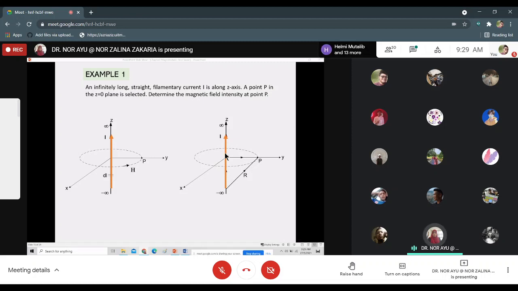Bukan negatif ya, Nabila ya tadi. Bukan negatif ya, naik atas. So look at the direction of the current, it's going upwards. So it is positive Z A Z. And then it goes towards the right side macam ni, towards P. So that will be rho A rho, positive rho A rho because it's going outwards.